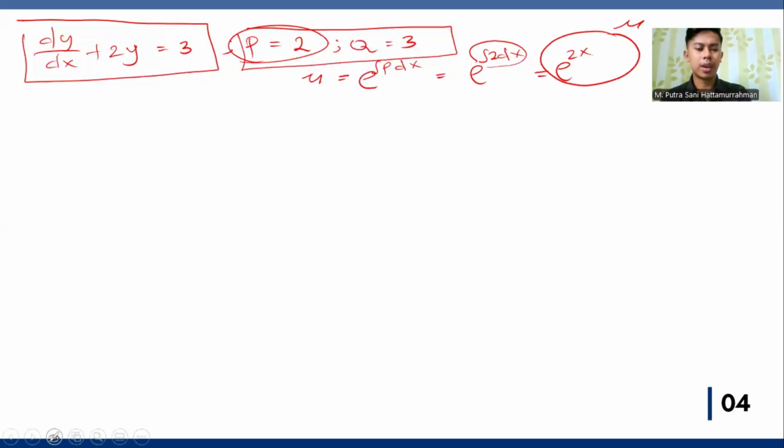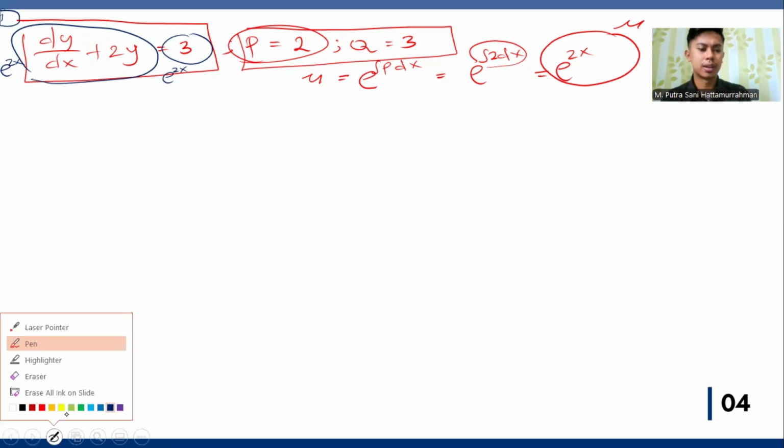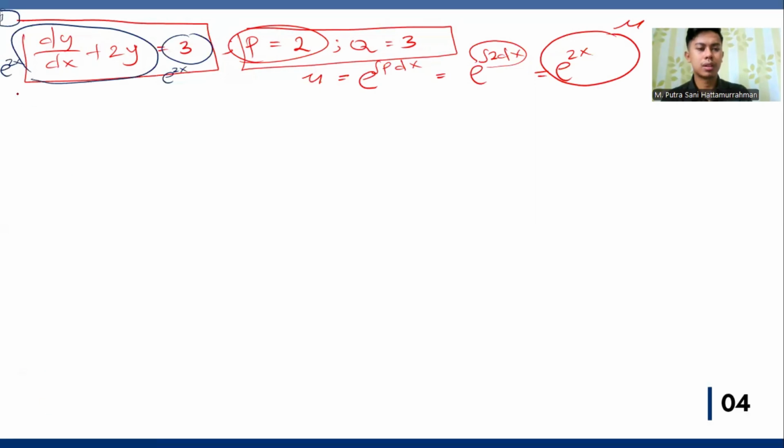Okay, actually, we have two ways to find the solution. For the first way, you can multiply both sides by e to the power 2x, the left side and the right side. But you can also find the solution another way.